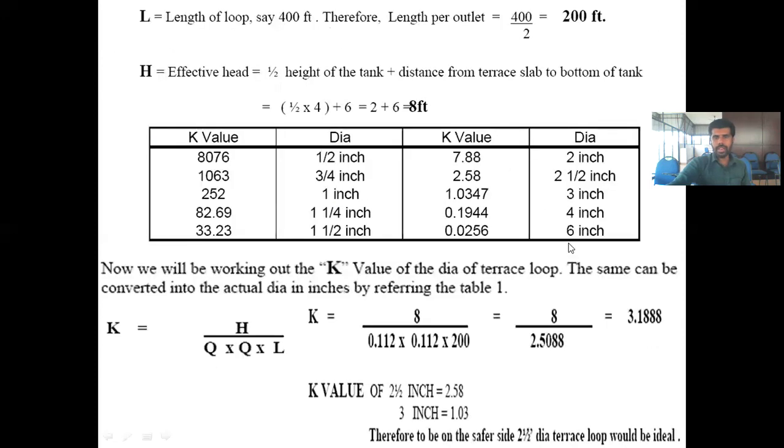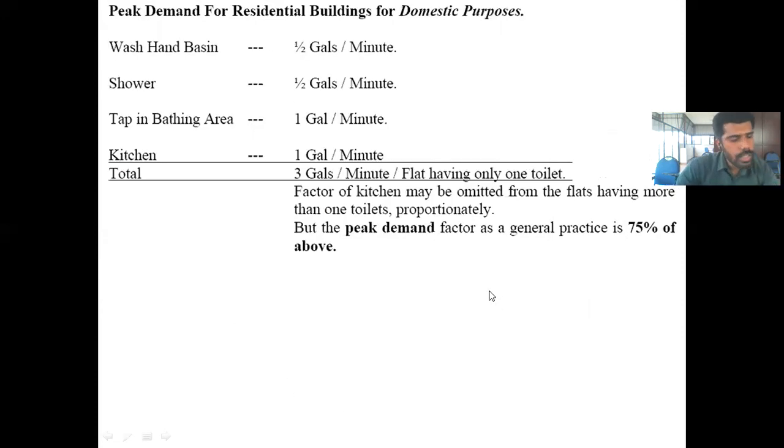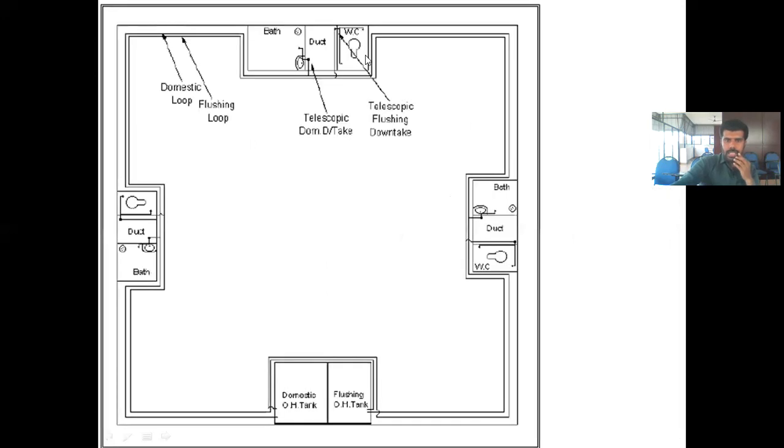From that, we can find out the K value. From the K value, we can choose the appropriate diameter. So here we can take 2.5 inch as the pipe diameter. Which pipe diameter? Domestic loop. Not flushing, domestic loop.